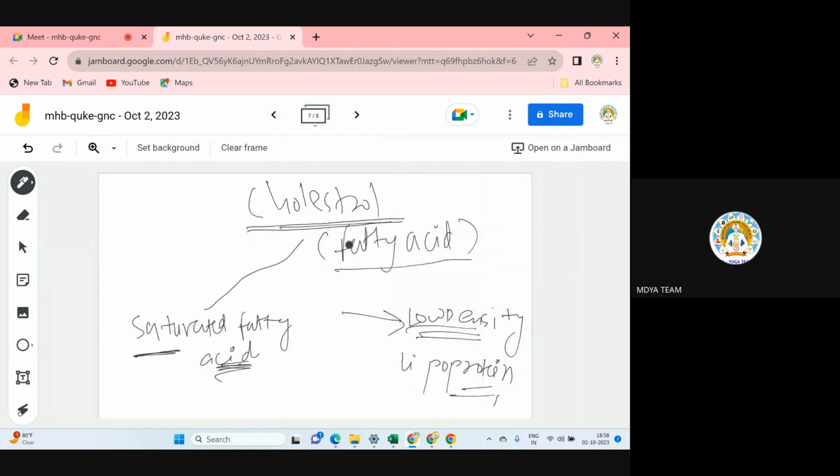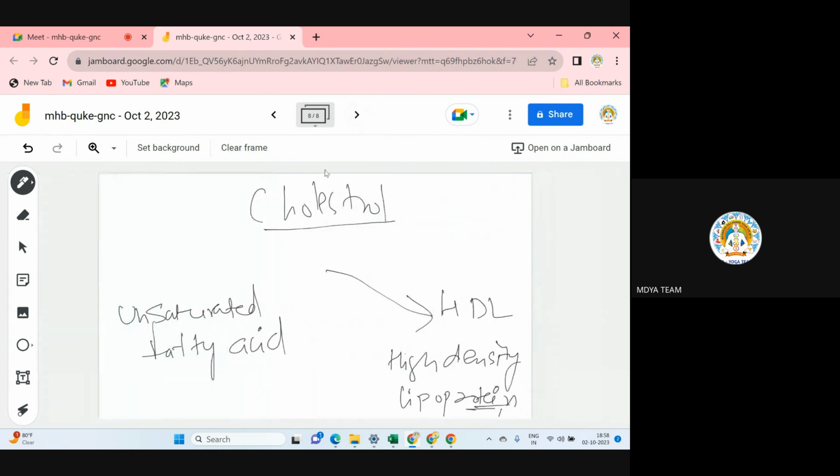Again, I am repeating, if a cholesterol molecule is made up of saturated fatty acid, then the low density lipoprotein is used to transport this cholesterol. And if a cholesterol molecule is made up of unsaturated fatty acid, what happens? HDL, high density lipoprotein, is used to transport this.